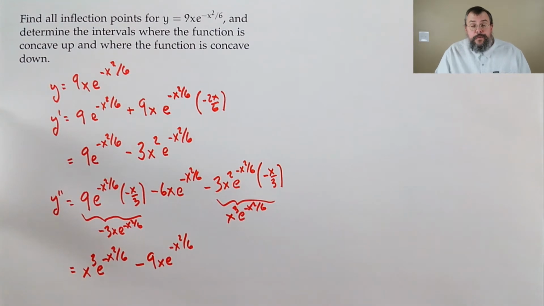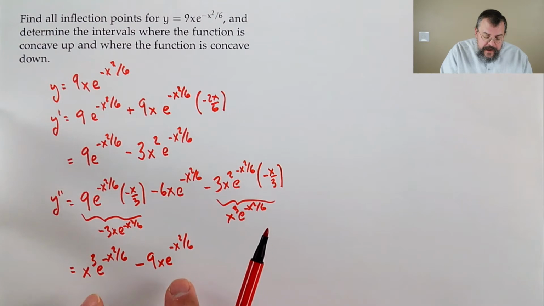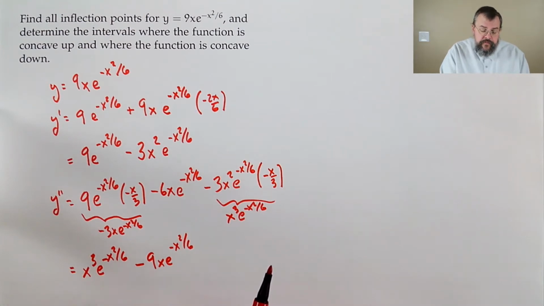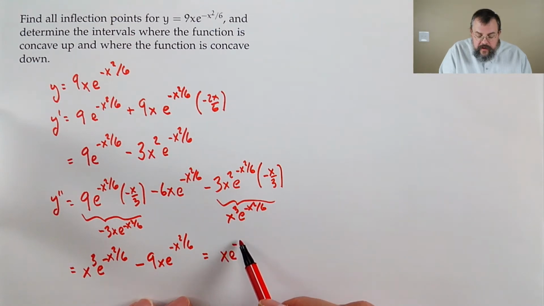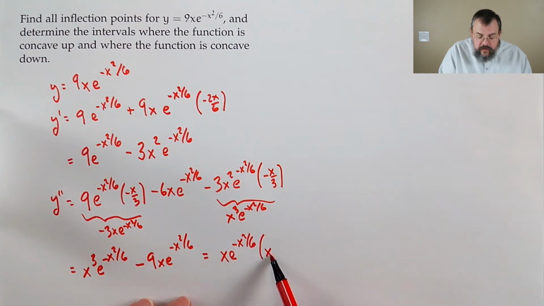Now at this point, well, factor out what's in common. Definitely the e to the minus x squared over 6 is in common, but also the x. So we can factor out x e to the minus x squared over 6, and then we have x squared minus 9. Aha!